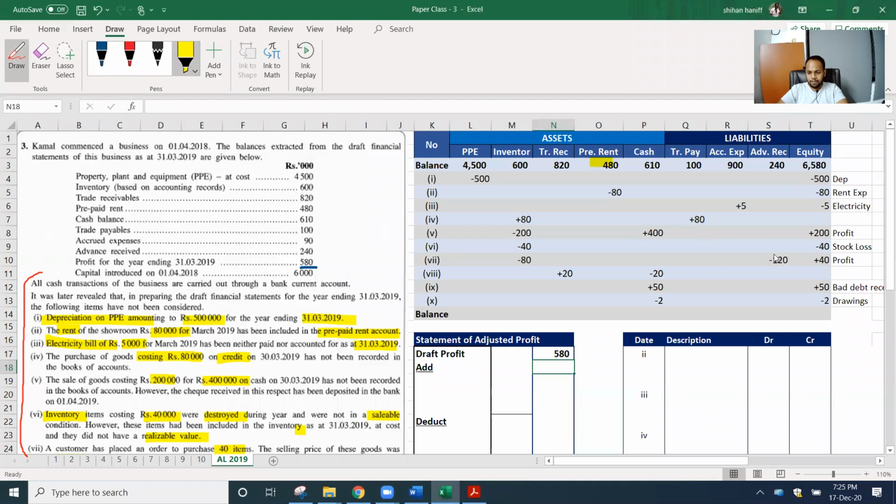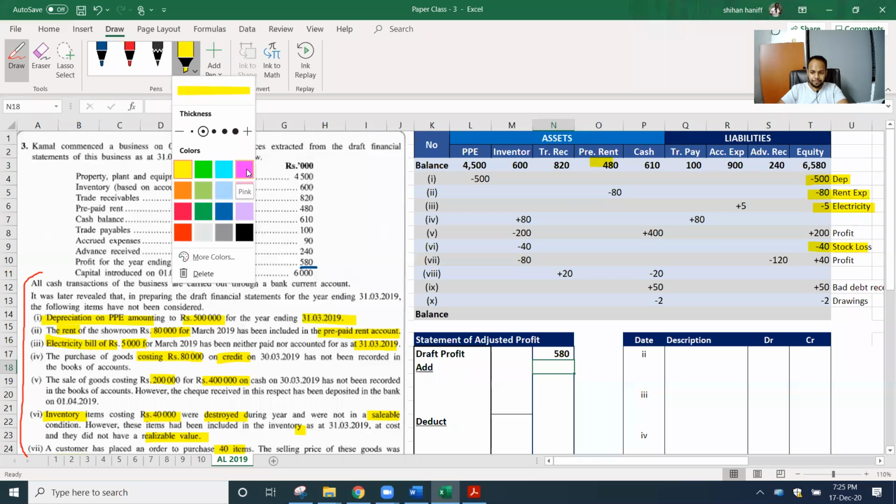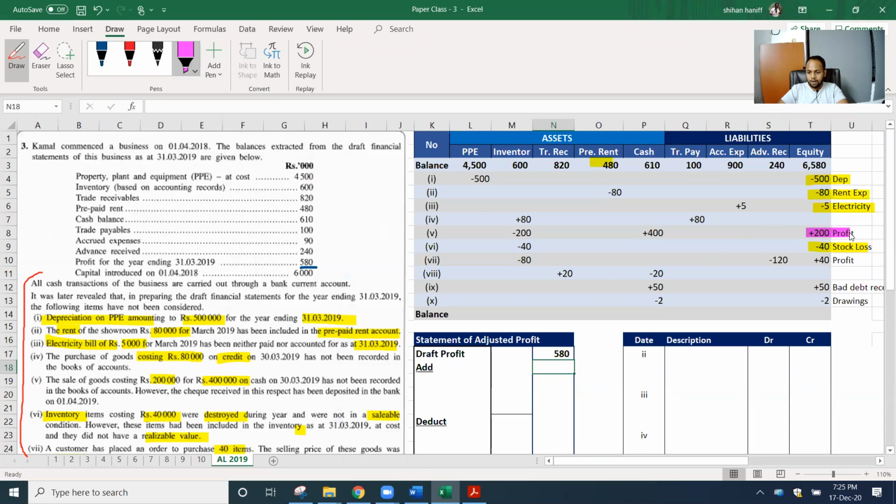Right. So let's see. Depreciation, rent expense, electricity, stock loss. These four transactions are losses or expenses, minus, and the other transactions, 200 profit, 40 profit, bad debt recovery.